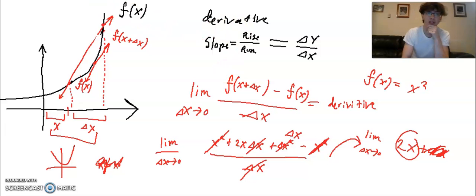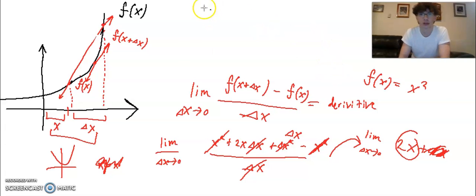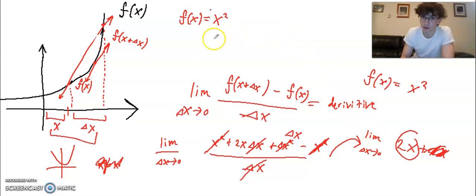So let's just write this a little more officially. So f of x equals x squared. Now the derivative, and this little prime symbol right here, this little dash, means derivative.